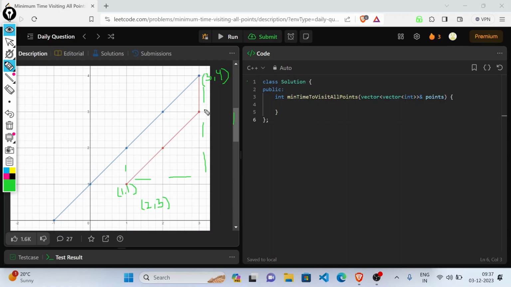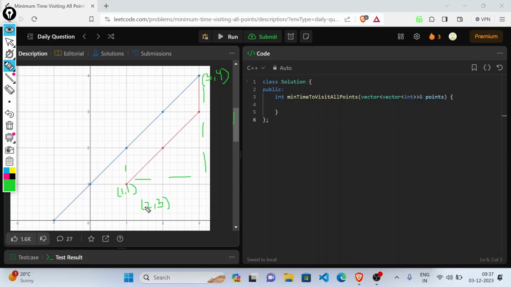But here we can travel along diagonals as well. So as you can see, the minimum of the absolute differences in x and y gives us the number of diagonal travels. Here the minimum is 2, so we can travel along two diagonals.